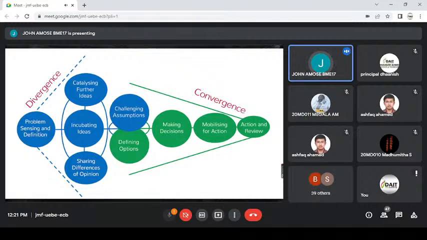Once the decision is made, you're mobilizing for action. Once you mobilize for action, which means you're building a prototype, then you're getting into testing and review, which means review is coming back to the user again. So there is a divergence process and there is a convergence process as well.